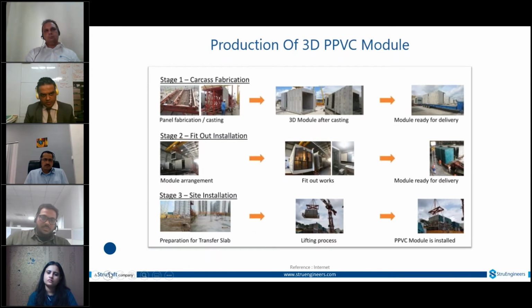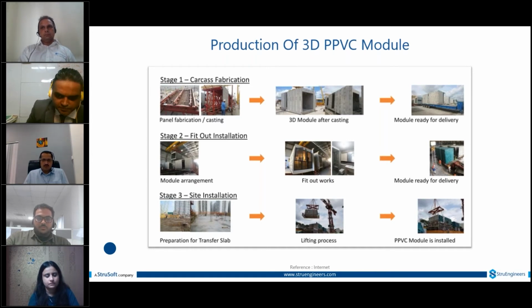Now, how is the production of this 3D PPVC done in the manufacturing plant and then erected on the site? First, we make a main frame, which is a 3D module of all the concrete framing and elements: slab, wall, anything. After that, all the fixtures, like windows, MEP fixtures and architectural fixtures, are installed, and then it's ready to transport to the erection site.